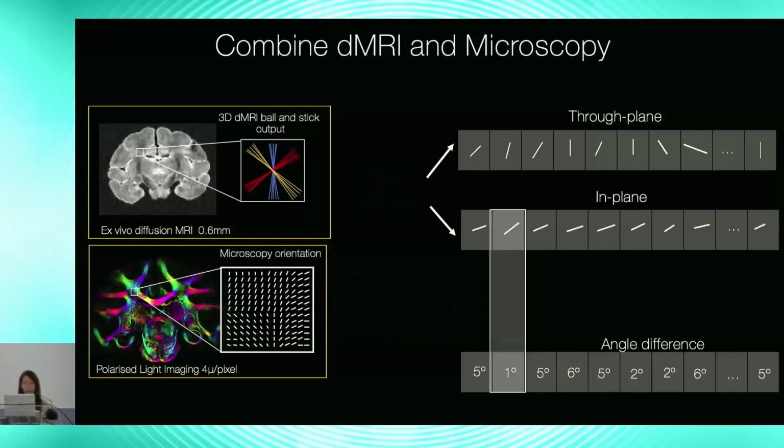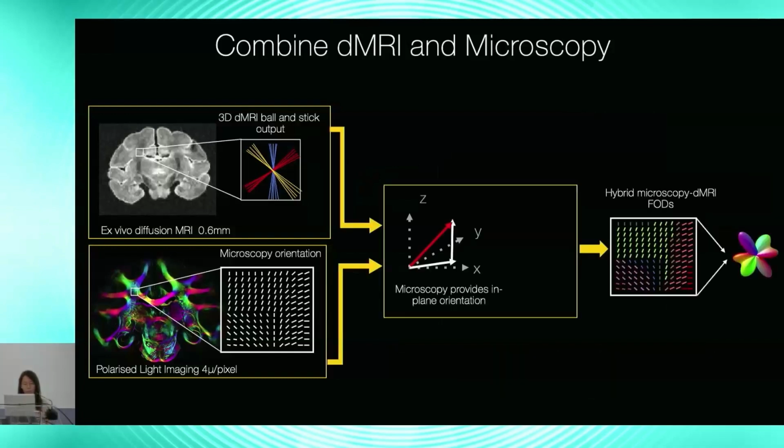So we select the most aligned diffusion samples, and we use these samples to inform the through-plane orientations, which means the microscopy gives us the in-plane orientation, and diffusion gives us the through-plane information. In this case, we can get hybrid orientations that are in 3D and at the native resolution of microscopy, at 4 micrometers, and this also retains the rich properties of the microscopy.